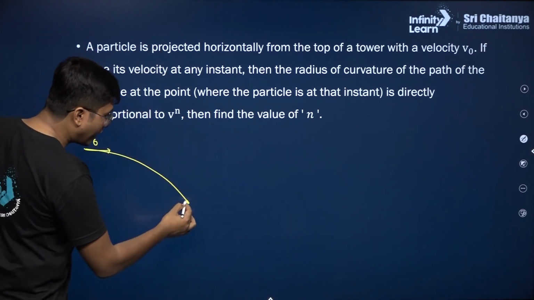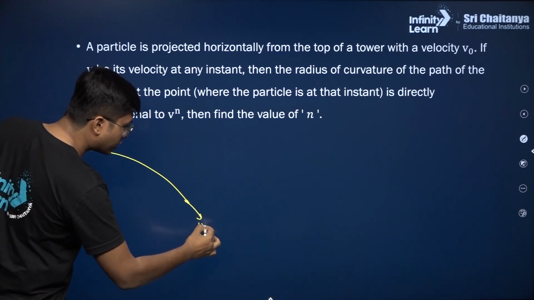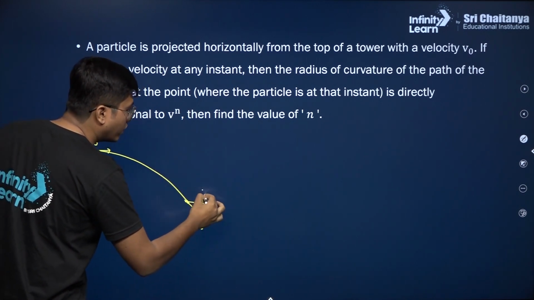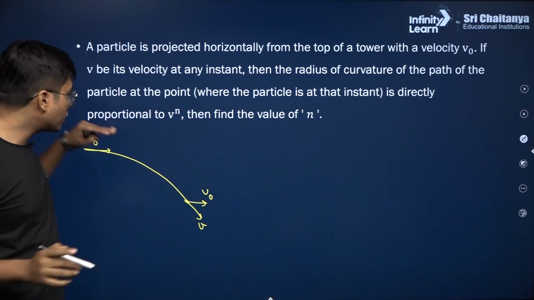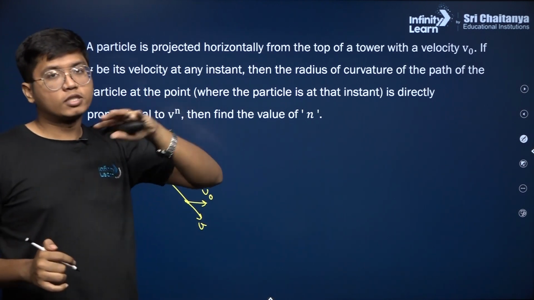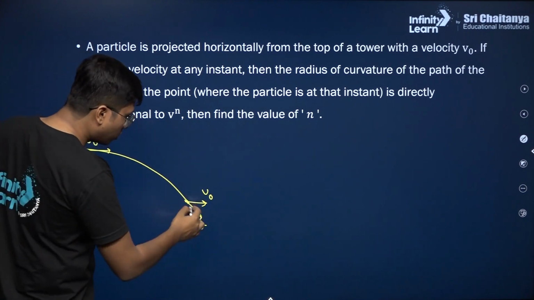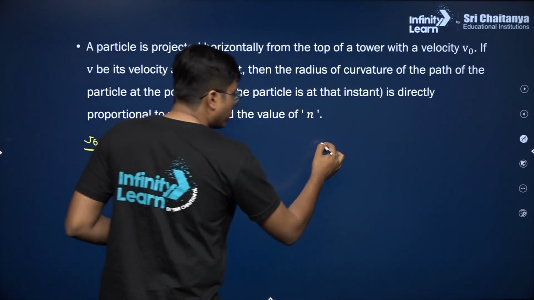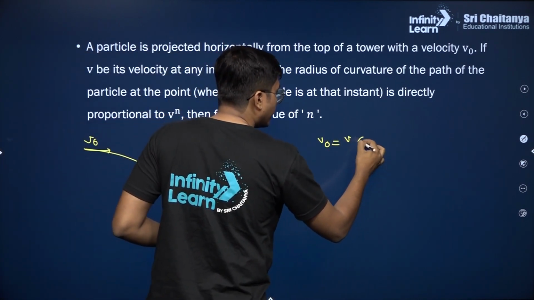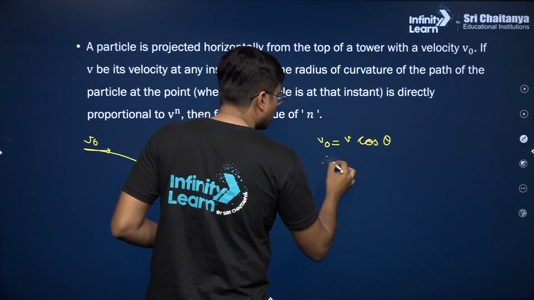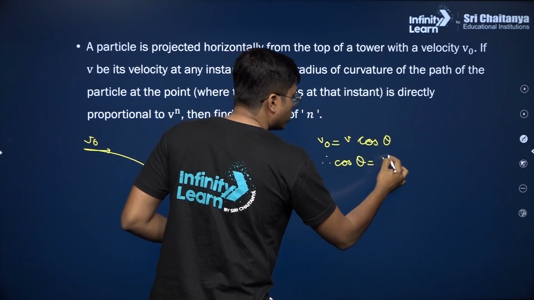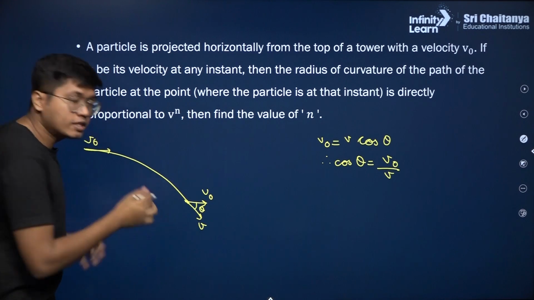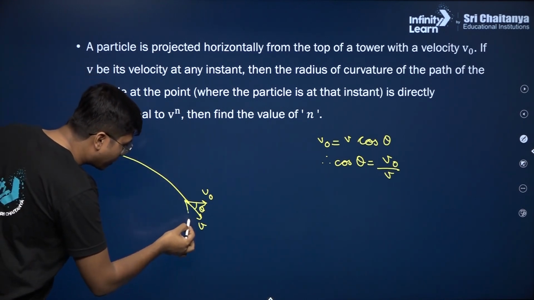So over here, it has a velocity, let's assume v in this direction. Of that velocity, the horizontal component is still going to remain v0. That does not change, because if you recall, in horizontal projection, the horizontal component of velocity never changes. So we can find what this angle over here is. Let's call this theta, because your v0 is equal to v cos theta. So your cos theta is equal to v0 by v. Now besides that, what is the acceleration acting on it? The acceleration acting on it is g.